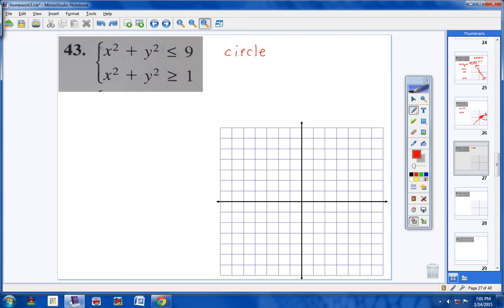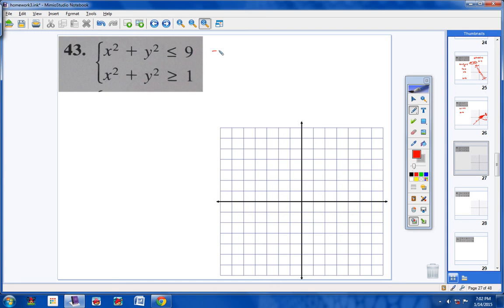Sometimes you will have an ellipse, and sometimes you will have a hyperbola. Okay, and so that's a double parabola going different directions. But on the test for now, I'm only going to give you circles or lines or parabolas. So your x is squared and your y is squared. So we have a circle.